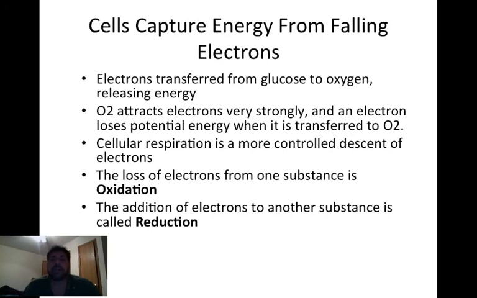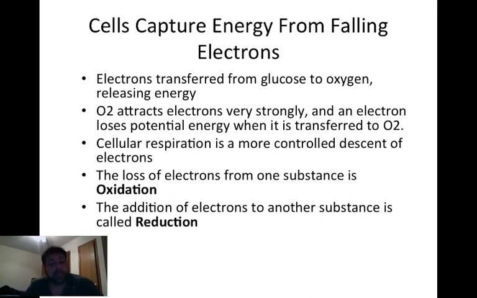Remember, electronegativity is a number or a value designated to an element or a molecule, and it measures the attractivity of electrons to that molecule, so the strength with which it attracts. And oxygen happens to have a very high electronegativity value. So that's why oxygen is known as the ultimate electron acceptor, specifically within this process of cellular respiration.